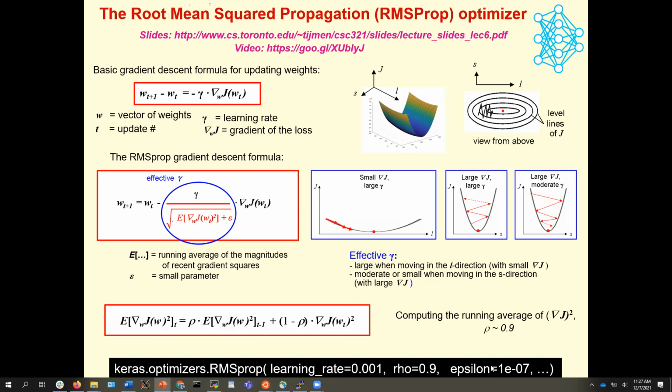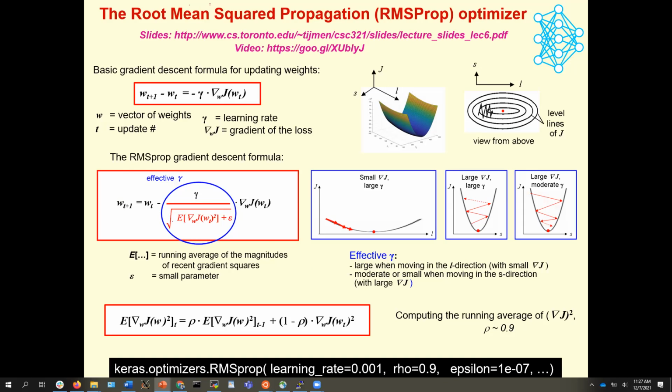It takes these parameters. There are more parameters, but only 3 are shown here: the learning rate, the rho, which is the same as in this case, default 0.9, and the epsilon, which is the parameter in the denominator. This is basically how the RMSprop algorithm works. Any questions?